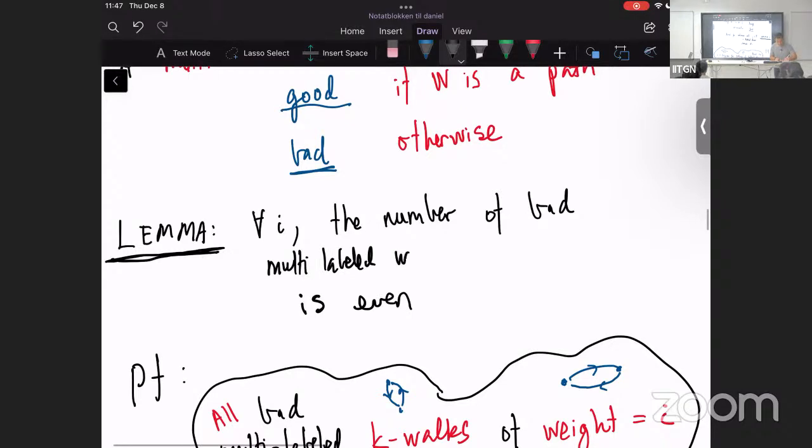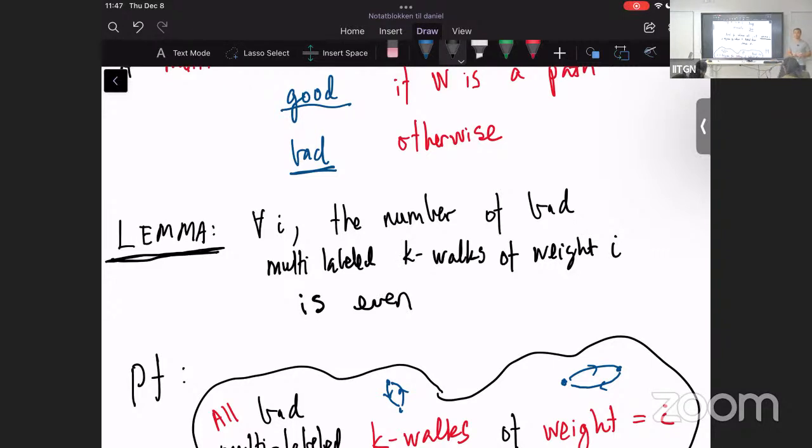I don't know why this disappeared from the notes. So the number of bad multi-labeled walks of weight I is even, and it's multi-labeled k-walks because we're using k vertices. Okay, that's the claim.